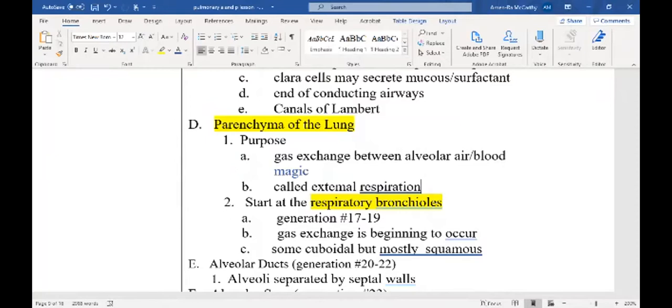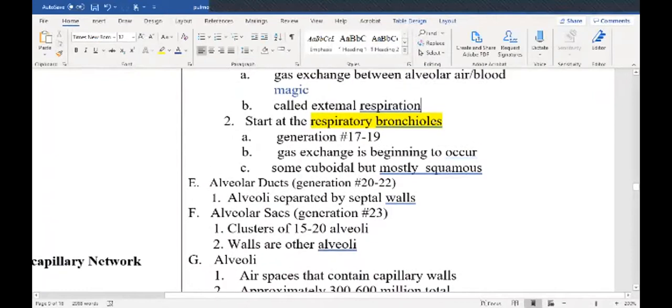All right? Like I said, you don't have to memorize these generations, but you know that at the respiratory bronchioles, gas exchange is beginning to occur.